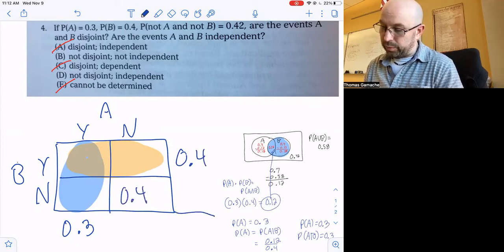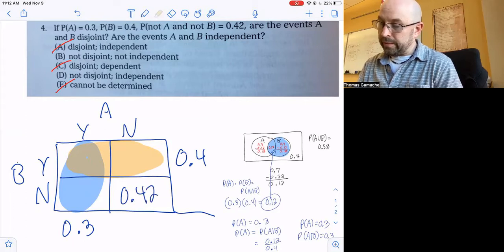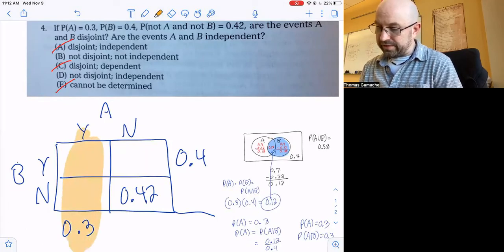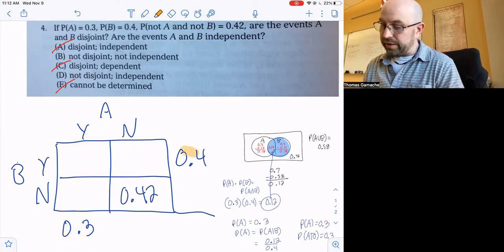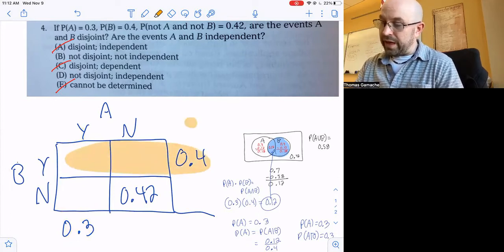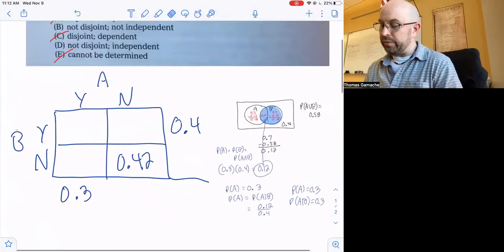So that's going to go right here where both my no's are. So hopefully you're following where I'm getting these. The probability of A happening is 0.3, so I just went right here into the yes column. Everything in the yes column should add to 0.3. Everything in my B column that's yes should add to 0.4. That's where that's coming from. And then I worked with my no. The probability of neither happening is 0.42.